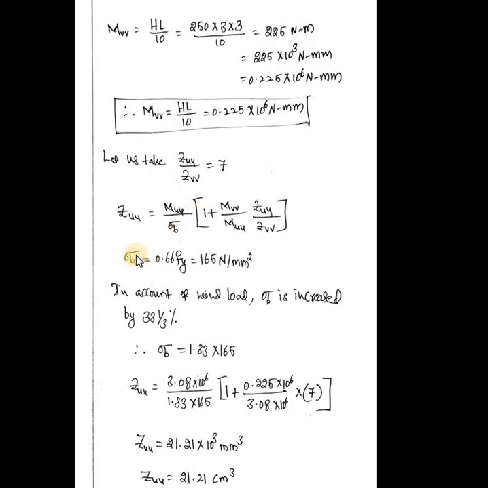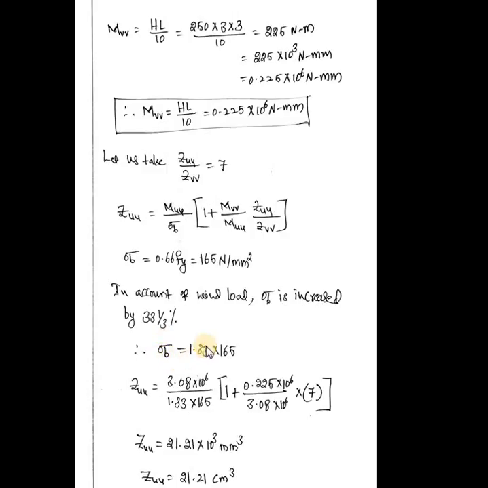Now, what is sigma B? On account of wind load, sigma B is increased by 33, that is one third, percent. Therefore sigma B is equal to 1.33 into 165. How did you get 165? Sigma B is equal to 0.66 into Fy. This is the permissible bending stress.